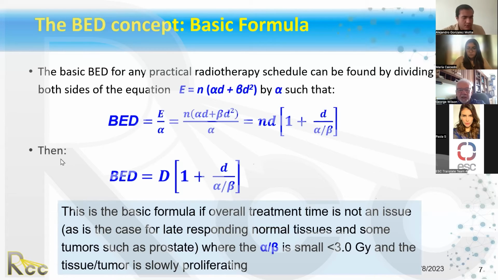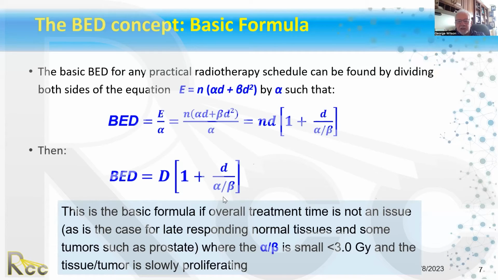And so this is the simple calculation that you can use for any late responding normal tissue or tumors even, such as prostate, where the alpha beta ratio is low and they're slowly proliferating. If there is an issue with proliferation or repopulation, then we have to modify this simple BED calculation.